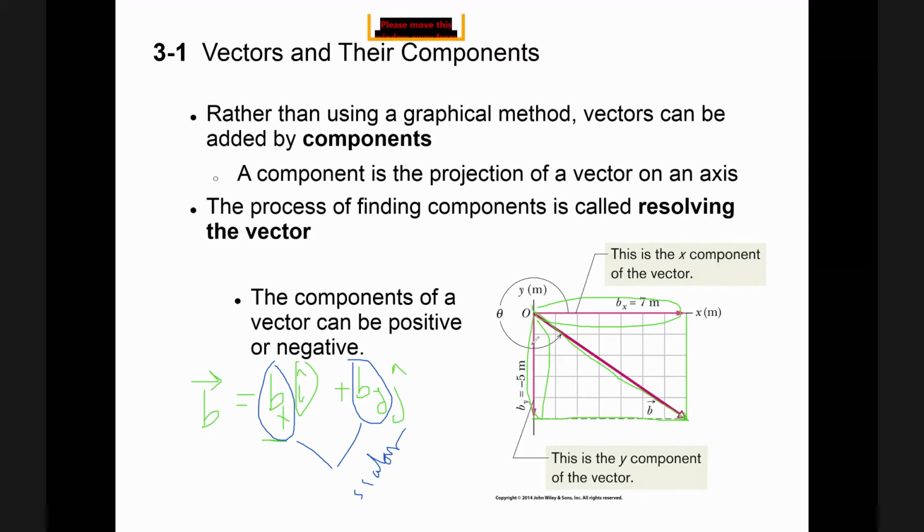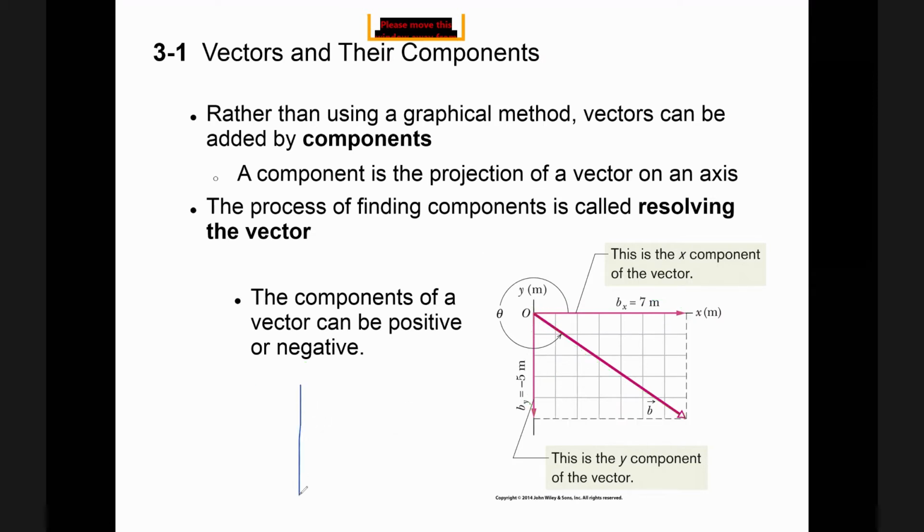If I know the orientation of the vector, I can predict the two components. How? Now we will draw a simpler vector than these. This is vector A, and say its length is 3 units, 1, 2, 3 meters, right?